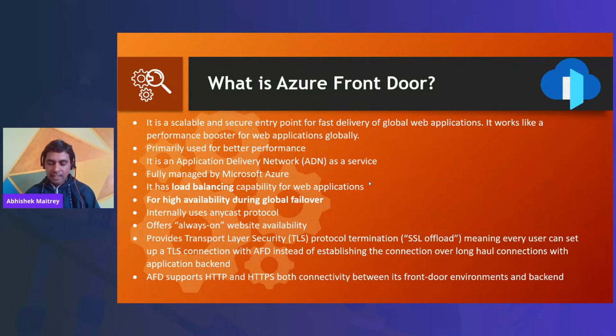Somebody may ask, why do we have another service when we have a load balancer in place? There are differences, and that's why this new service has come. It is primarily used for better performance. Why are we saying better performance? Because high availability is the major factor of this Azure Front Door service.